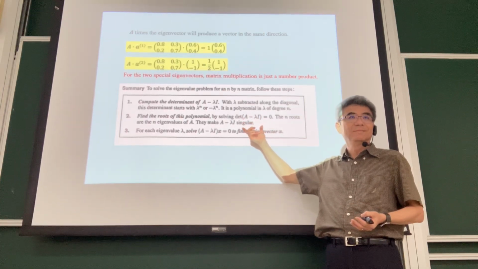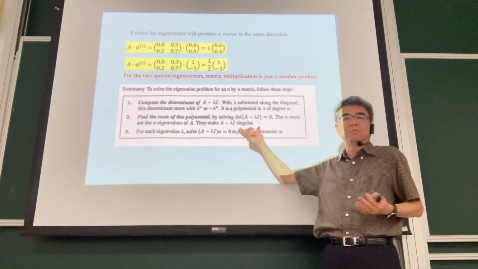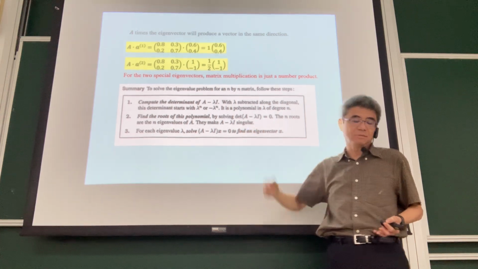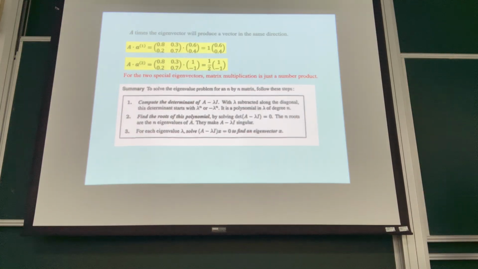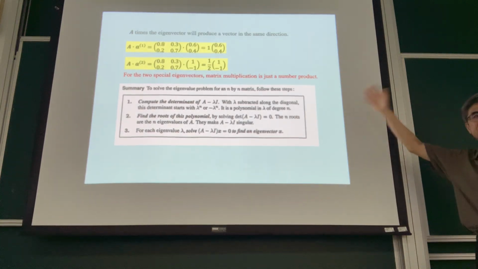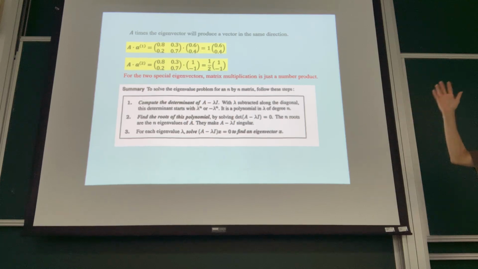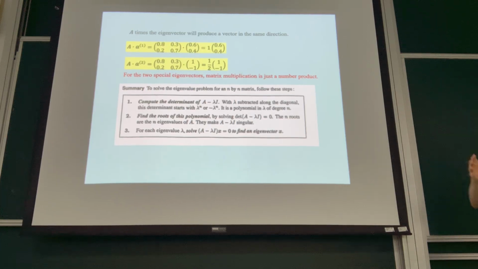For you, it's difficult, but for a machine, it's easy. But remember, that's the key idea. I have to emphasize again, everything I talked about today and last week could be easily generalized to an n by n matrix.